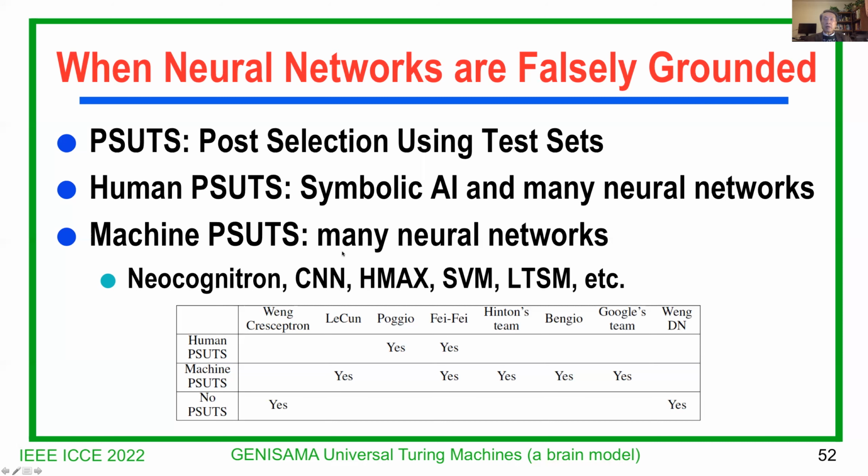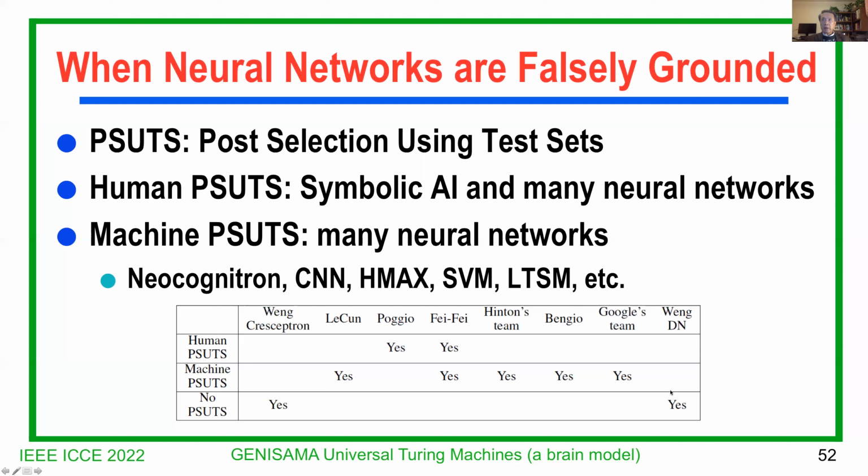And machine PSUTS currently includes many neural networks like Cognitron, convolutional neural networks, HMAX, support vector machines, LSTM, and many others. And here is a table: Perceptron does not do PSUTS because it's a general one network.